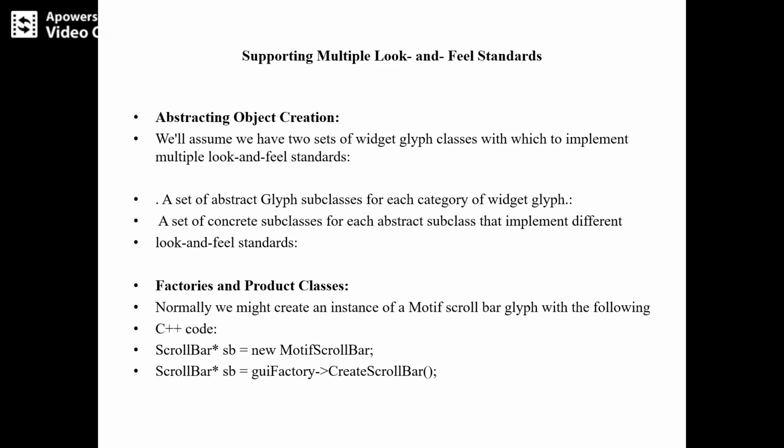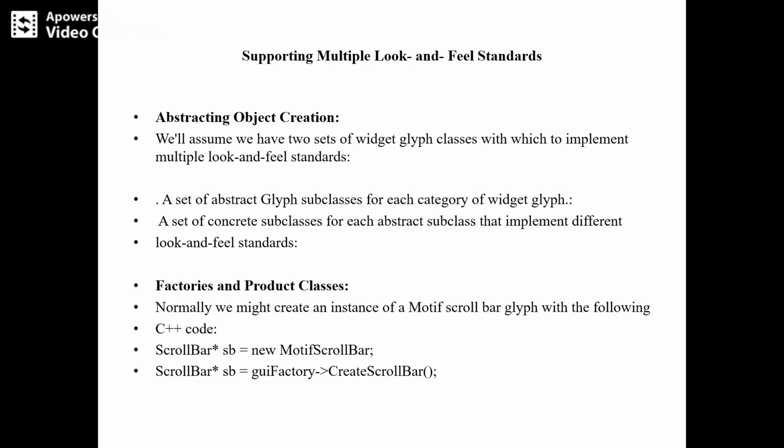So we had examples: Motif button, Presentation Manager button, Mac button, etc. One thing we need to be clear about is that Lexi's implementation cannot do this directly, using a constructor call in C++.